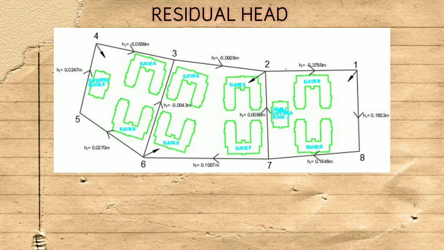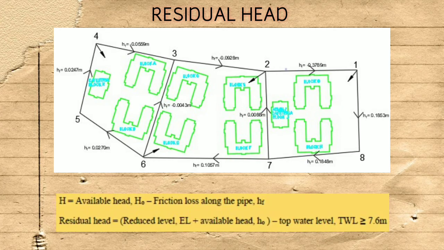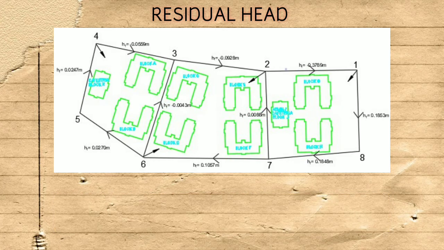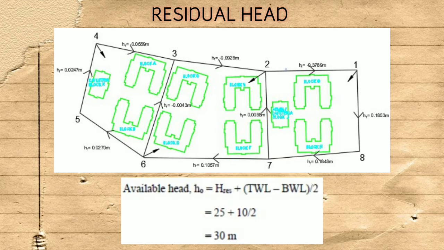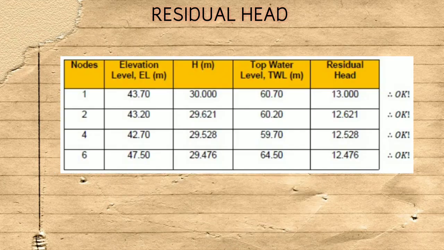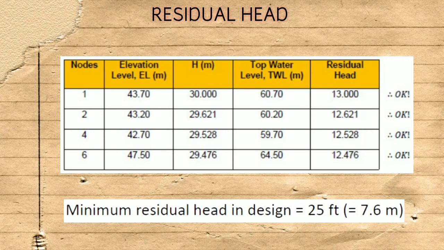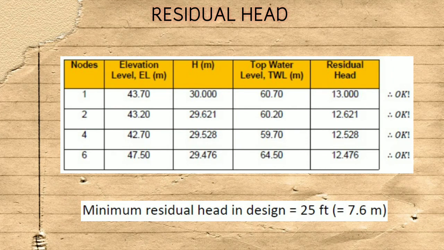Basically, residual head can be obtained by using this formula: reduced level plus available head minus top water level. We also include how to get the available head H naught. All the calculated residual heads in each pipe must be larger than 7.6 meters. Why? Because the minimum residual head in design is 7.6 meters. So this design is considered passed.